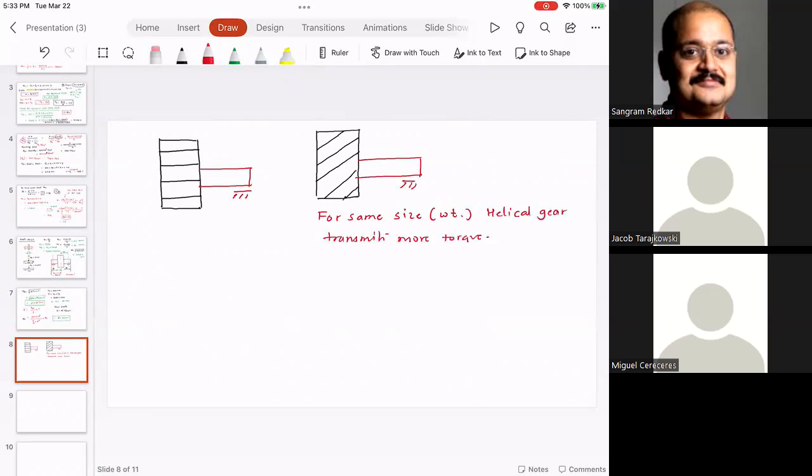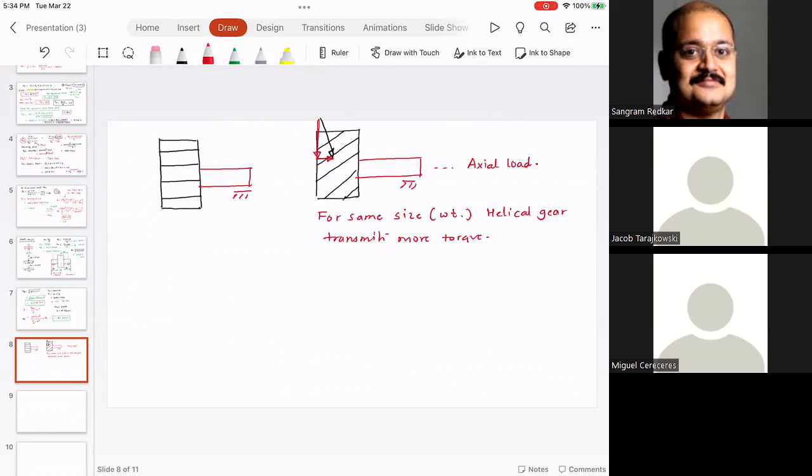But what is the problem with the helical gear? Please understand, in helical gear, your load is going to be like this. And when you resolve the load, you are going to have a component of load in the vertical direction, and you are going to have a component of load in the horizontal direction, which means in helical gear, you are going to get axial load.